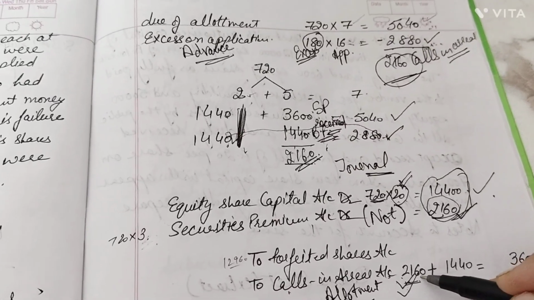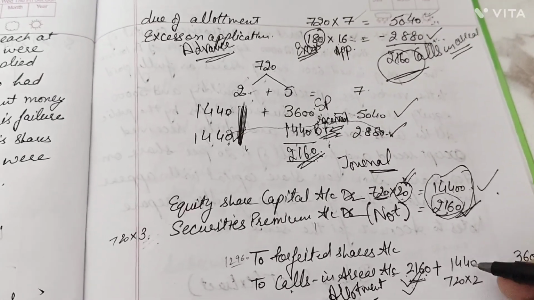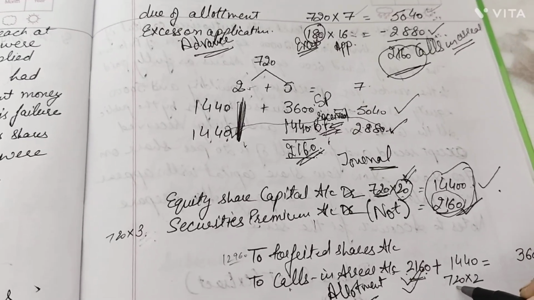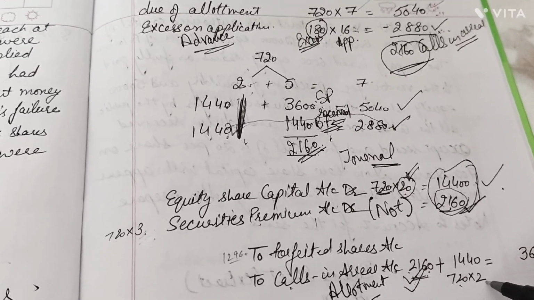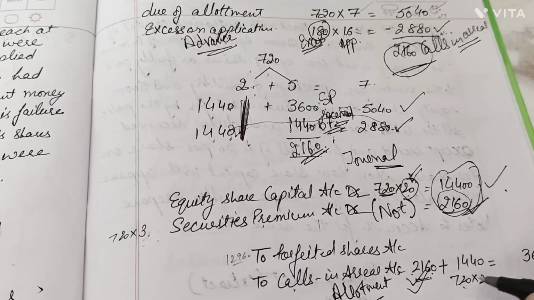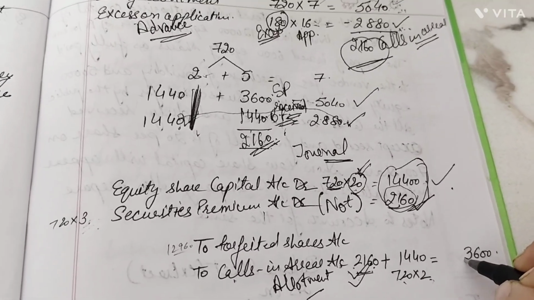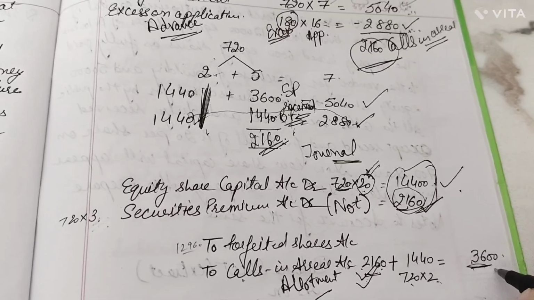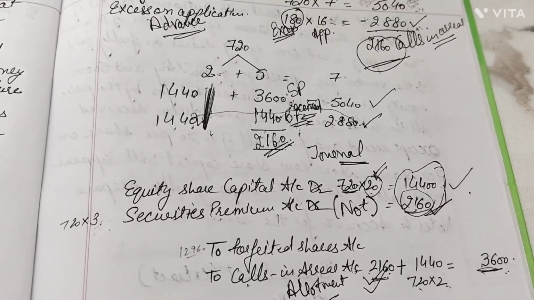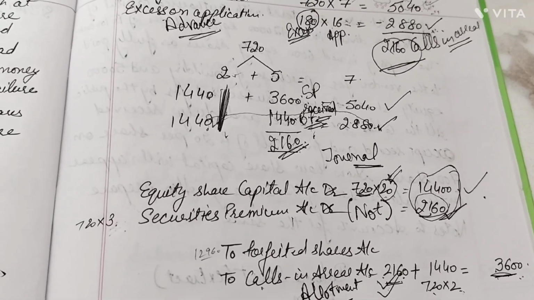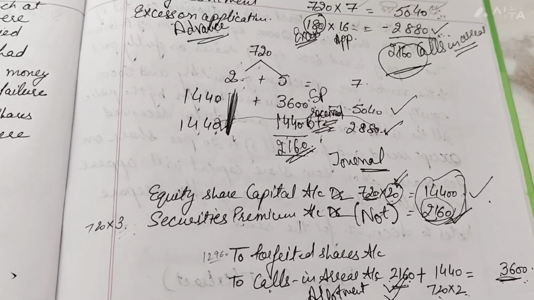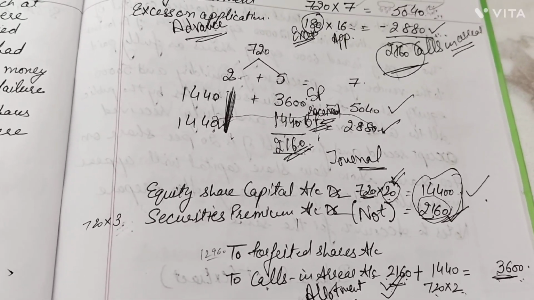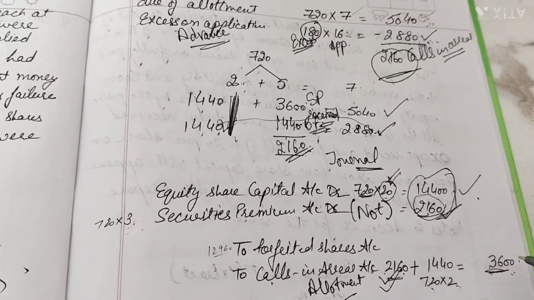Okay, so we took the amount due on allotment plus how much was due in the first call, that was 720 number of shares multiplied by first call of rupees 2. So when we multiplied, total value of calls in arrears here is rupees 3600. Got it? So this is the total value of your calls in arrears. Then with what value it was forfeited, we need to calculate, and that will become a balancing figure here.